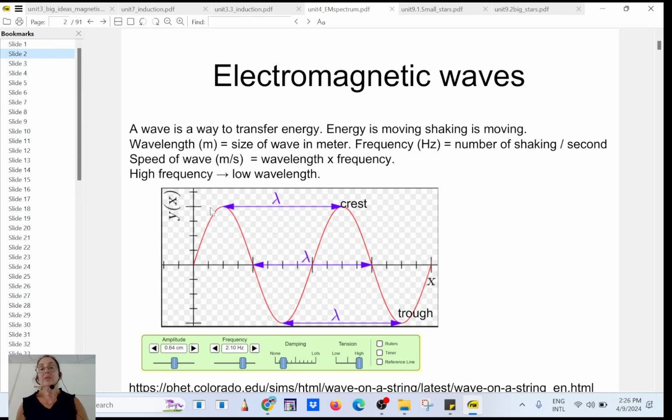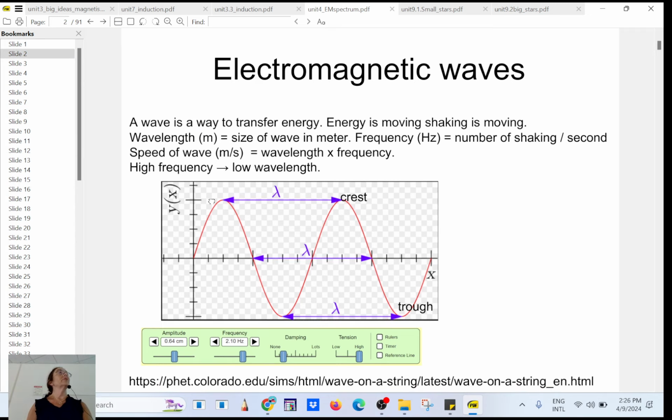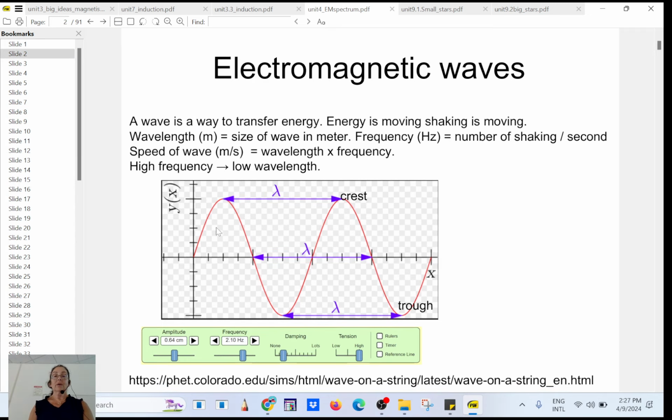Okay, so let's review waves first. So you have a wave. The distance between the crests is called the wavelength. If you take a picture of a wave at a given time, like looking at a pond, for example, you're going to see a water wave moving.